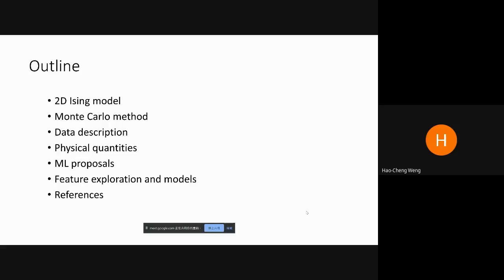This 2D Ising model has some physical interpretations within its configurations, so we talk about some physical quantities that we can derive from these spin configurations. Also, we'll do the machine learning proposals and some feature explorations, and the models that we'll use to do the machine learning.